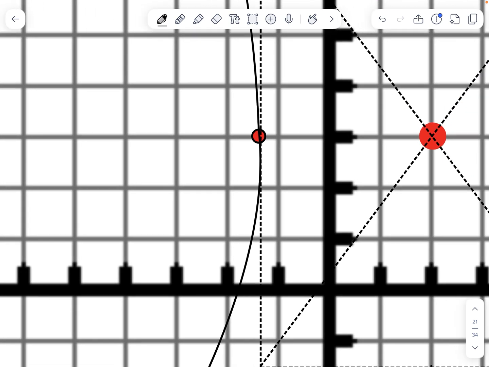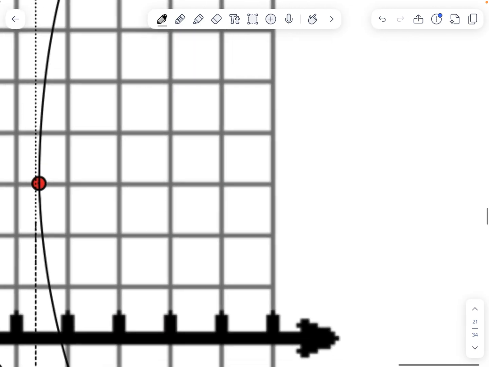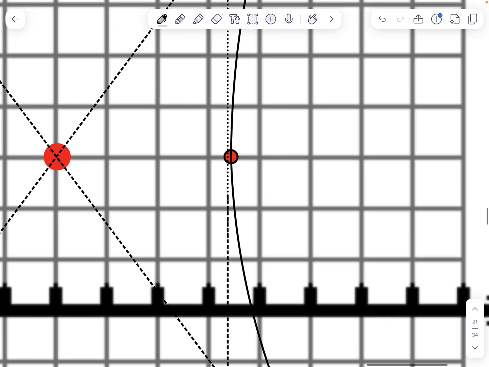What's 4 root 2? 4 root 2 in decimal form is 5.65. So 2 plus or minus 5.65 is right around here. So that's the foci, and that's the foci.